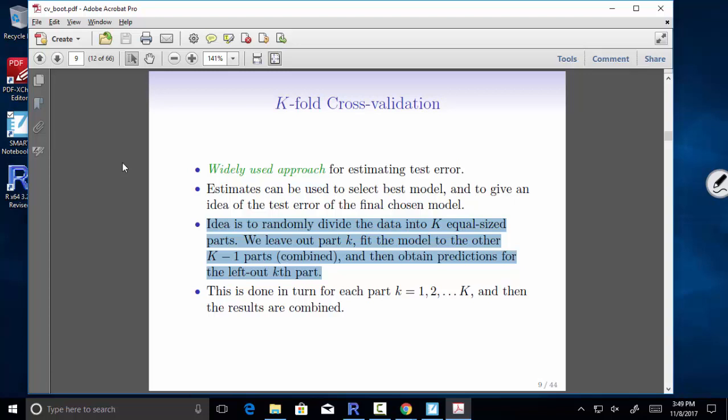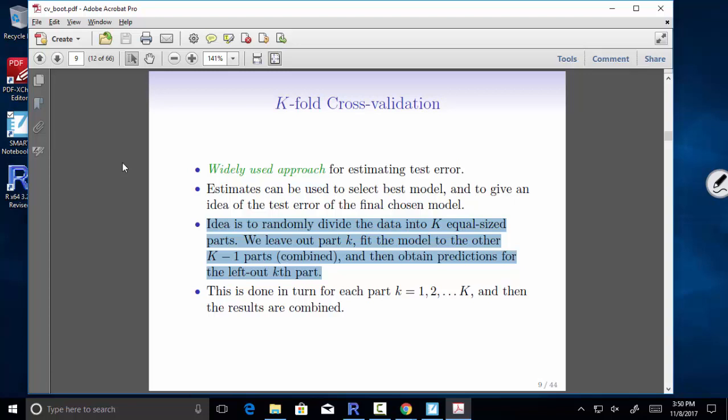And then we're going to do a for loop. In the first iteration, we'll take the first fifth. I took my 1,000 players and I randomly allocated them into 5 equal groups.